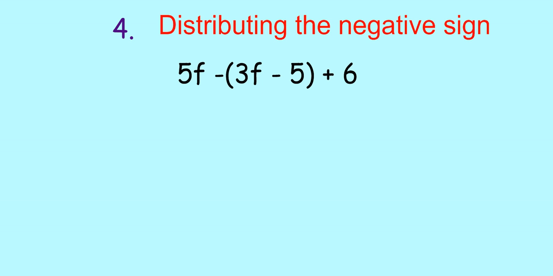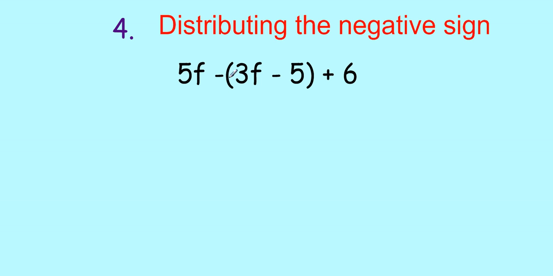In our final problem, we're going to practice distributing the negative sign. Okay? What we have here is a negative outside the parentheses. We're going to have to distribute this negative sign to both. So we're going to take the opposite of both things that are inside. So the first thing is we're going to change and add its opposite.